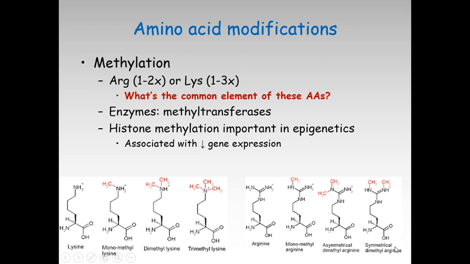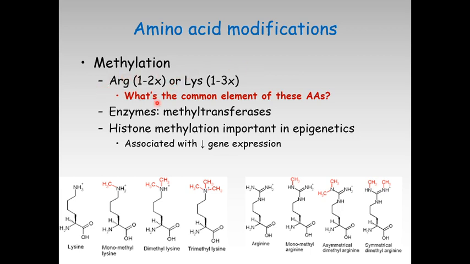Another classic example of an amino acid modification or a post-translational modification of a protein is methylation. Methylation is the process of adding a methyl group onto specific amino acids in proteins.